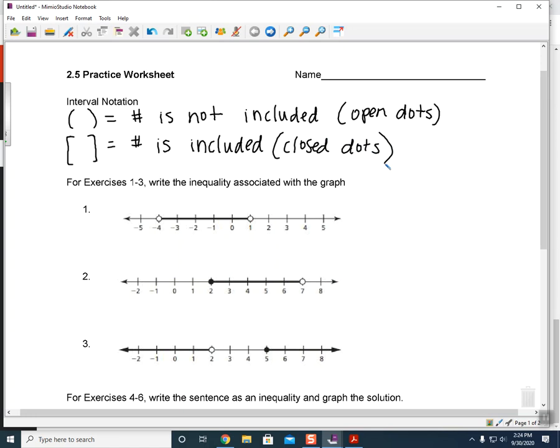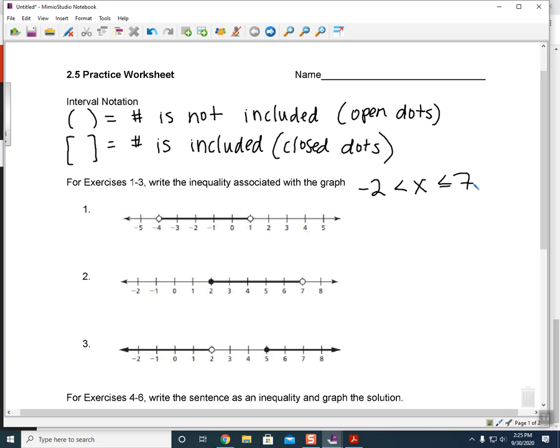So if I was going to do an example of this, I may have the inequality, let's look at -2 is less than x is less than or equal to 7. So my solution set is going to be between the numbers -2 and 7.